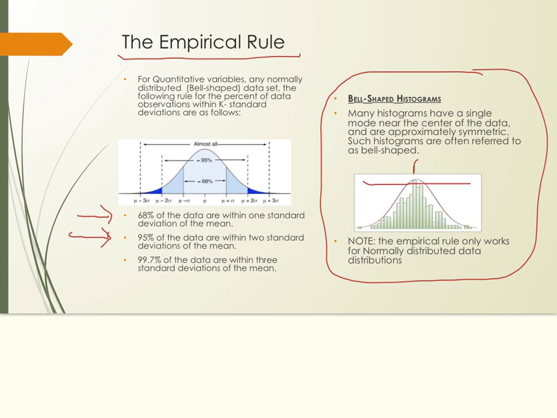This is going to become an important factor when we're looking at data that is somewhat skewed. And finally, almost all, in fact 99.7% of the data, are within three standard deviations of the mean under a normal curve. So we're going to use these factors in looking at the distribution of data in our data sets and to find extreme values if they're beyond certainly 2 and 3 standard deviations from the mean.